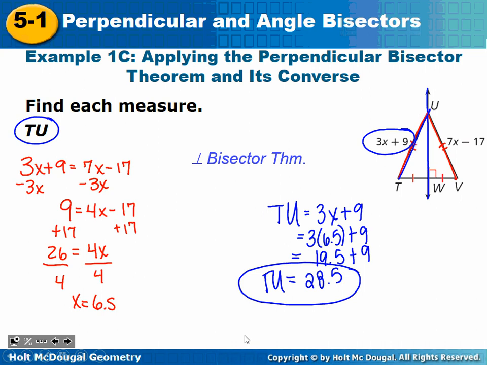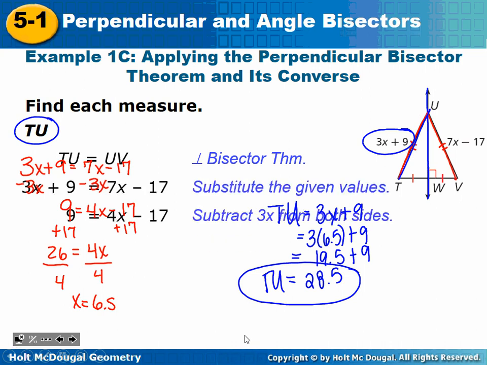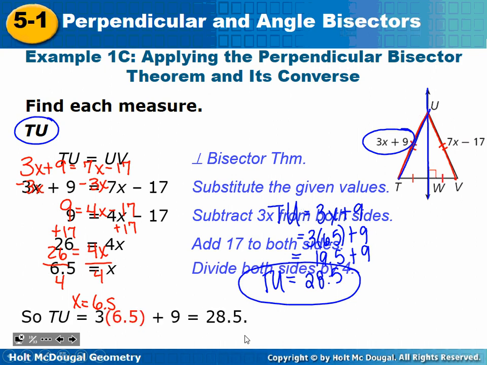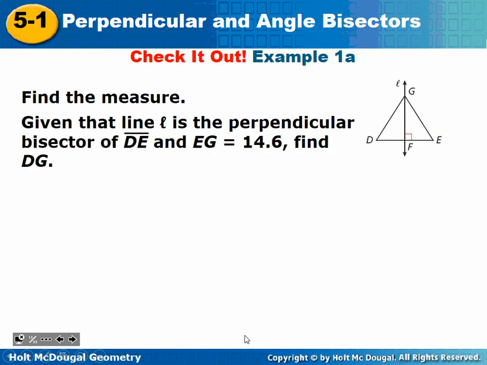If you look at the next one, same kind of idea, but just worded a little different. So when you look at the picture, does the picture show me that I have a perpendicular bisector? No, it shows me I have a line that is what? Perpendicular, but do I have any bisecting marks?